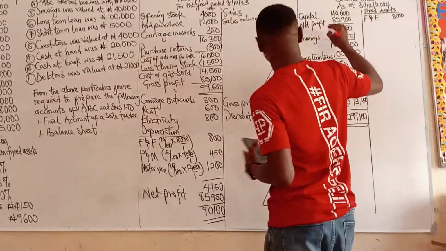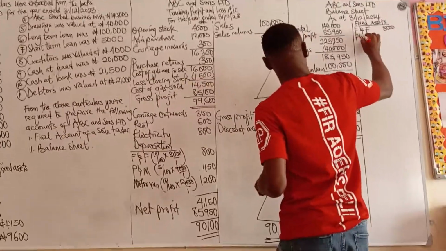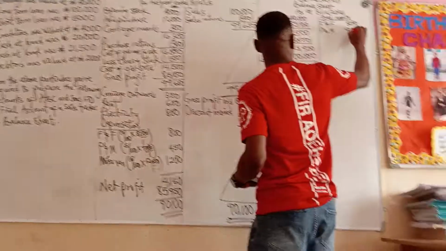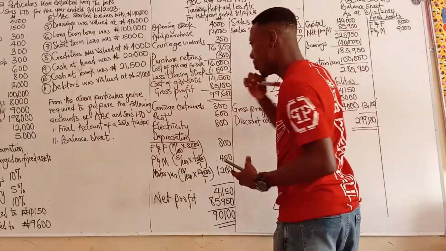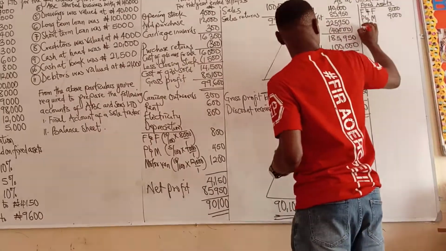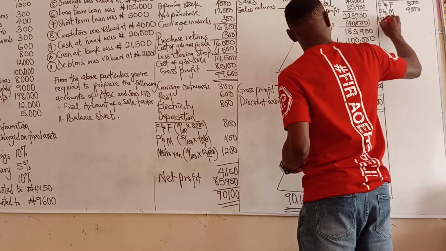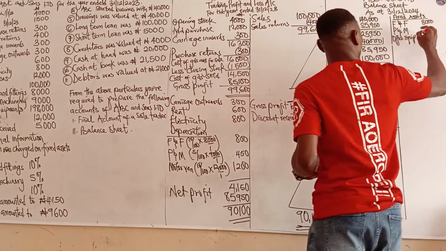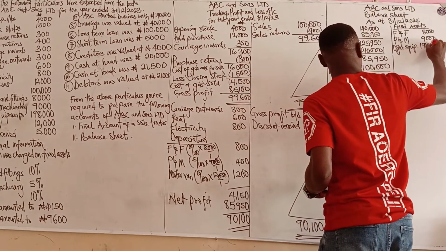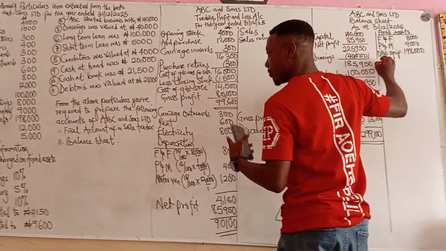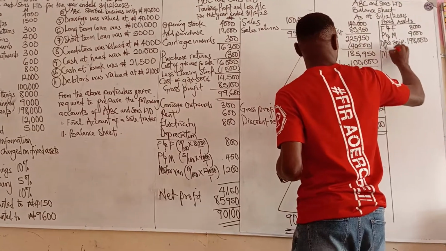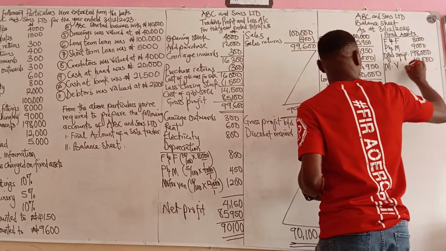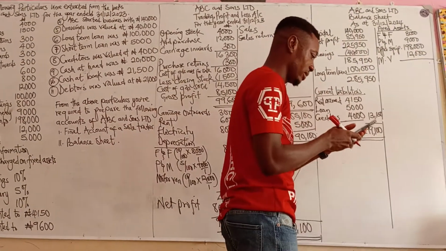We have plant and machinery, P and M, which stands for 9,000. We have office equipment, which is 198,000. Then we have motor van, MV. Motor van is 12,000. So I'm going to add all these. These are my fixed assets.